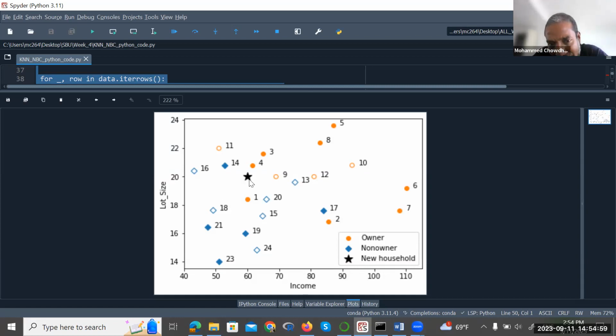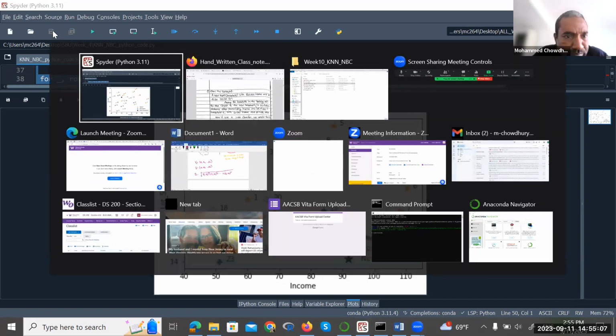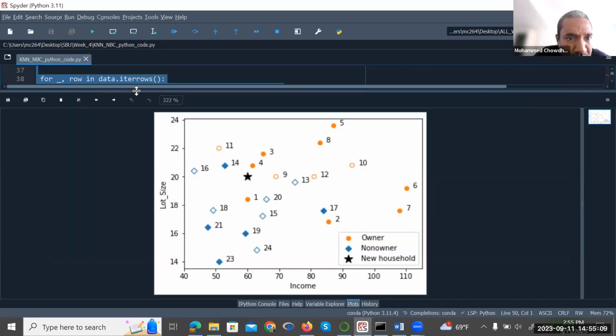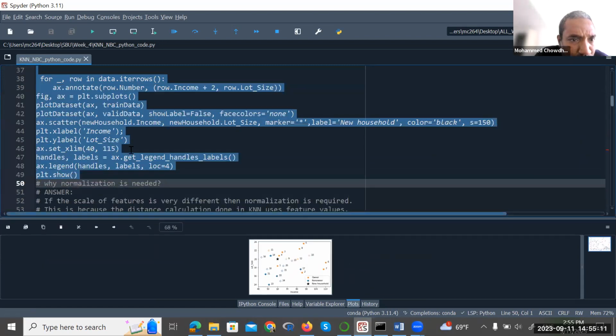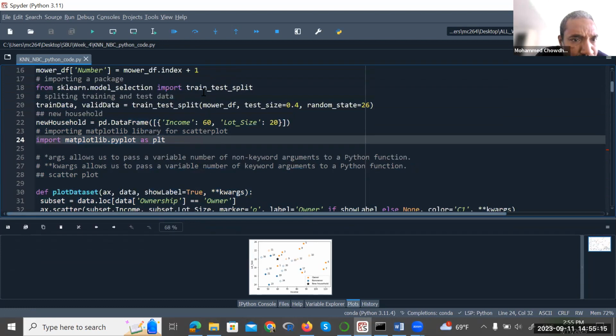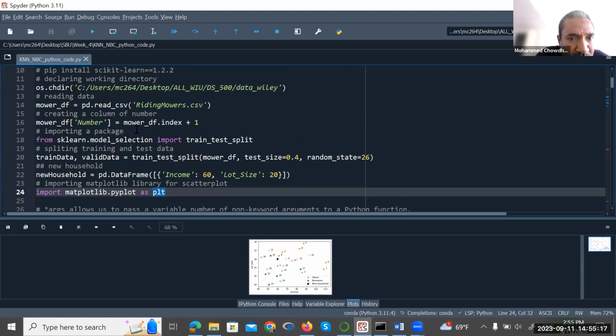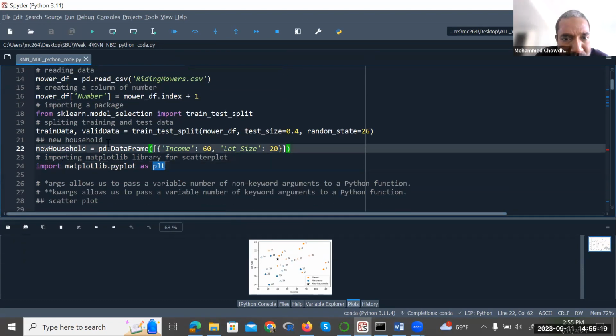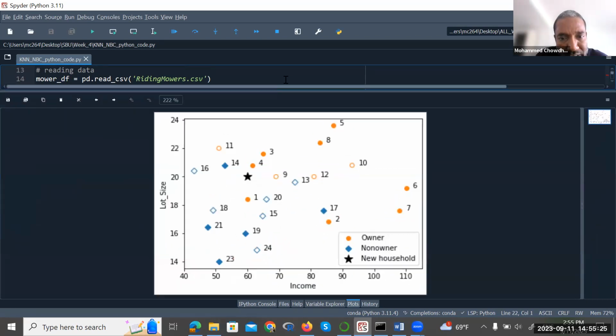Now from this figure we can take a vote and we can immediately say that if we take 1 NN, then the new household that has an income of 60,000 and lot size of 20,000 belongs to the owner category.